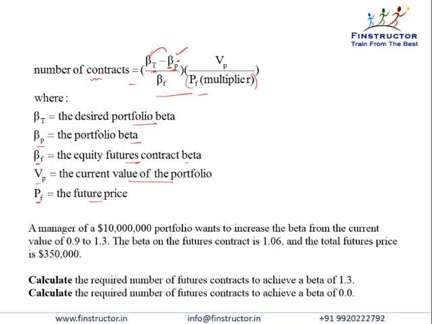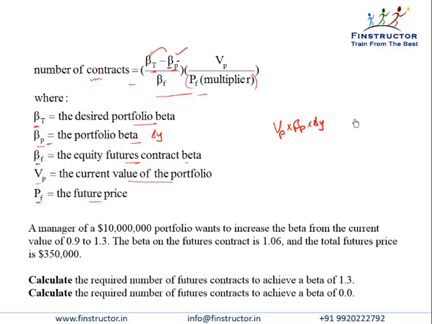So let's assume that the current beta of the portfolio is beta P, and let's assume the stock market goes up or down by delta Y. Let's assume it goes up by delta Y. Then at the moment, the change in the value of the portfolio will be equal to VP into beta P into delta Y. The fund manager, however, wants that his portfolio should behave as though the beta is equal to beta target.